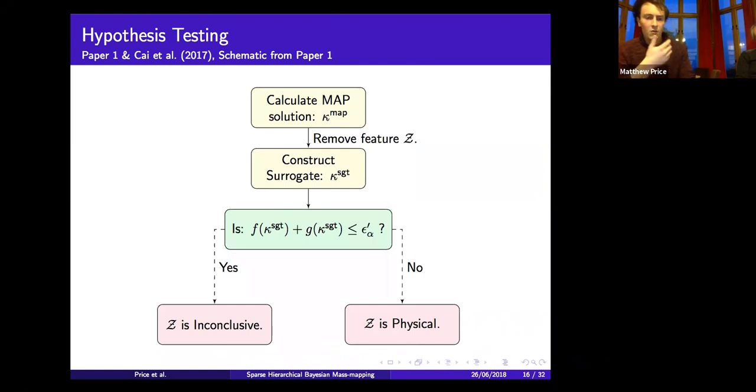Given that you reconstruct some maximum a posteriori convergence map, you want to tell whether or not some feature inside of that map was physical, so necessarily must be in that map, or is inconclusive. So you recover your map, you locate the feature, you remove said feature, and then you calculate the objective function again. So this f of kappa, g of kappa.